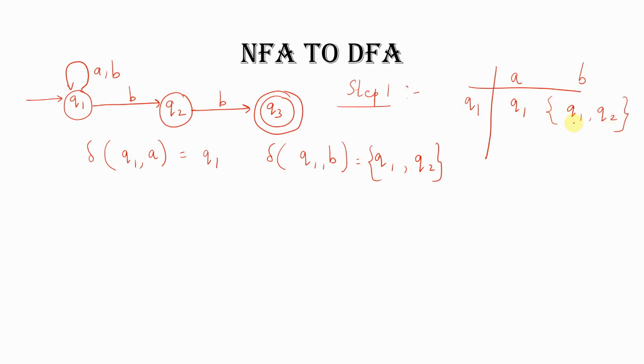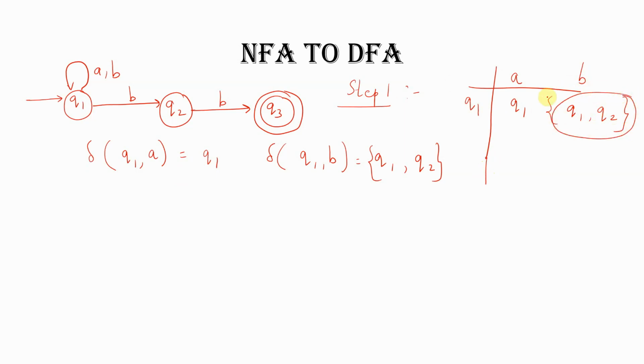Right? Now once you compute this, you check whether any new states are generated under A and under B. If you consider state Q1, Q1 is already considered over here, so it is not a new state. Now next, see this value under B. Since you have got two values here, Q1 and Q2, and since we are constructing a DFA out of this, this will be considered as one state.